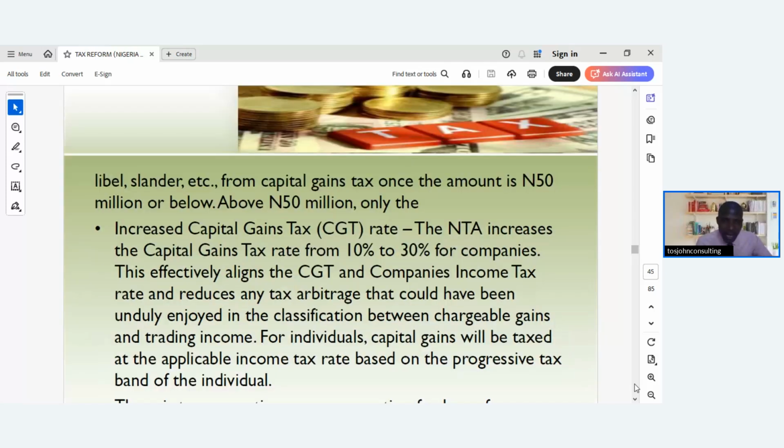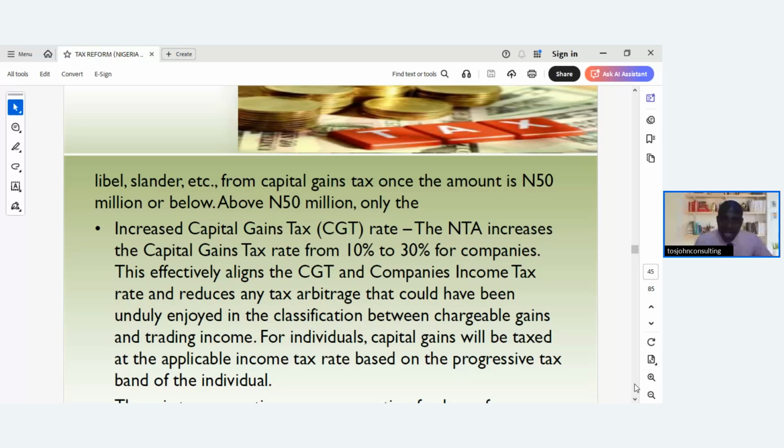Libel, slanders from capital gains tax once the amount is 50 million or below. Above 50 million, the NTA increases the capital gains tax rate from 10% to 30%. So it's no longer 10%, it's now 30% on the gain, just like normal company tax computation.